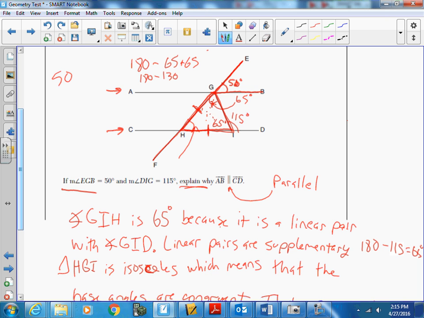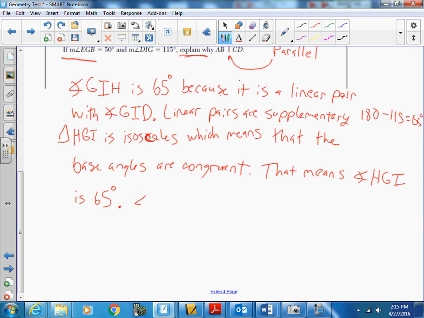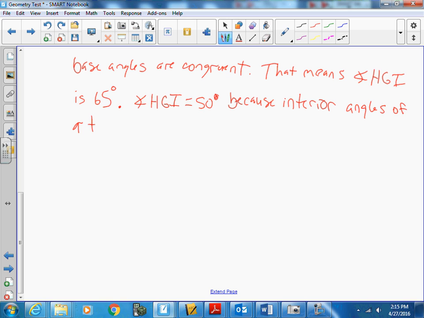That means that angle GHI is equal to 50 degrees because interior angles of a triangle add up to 180 degrees.